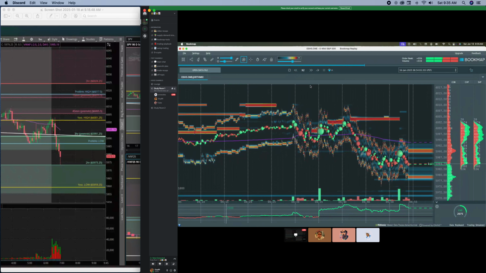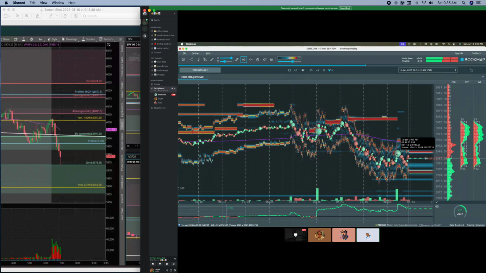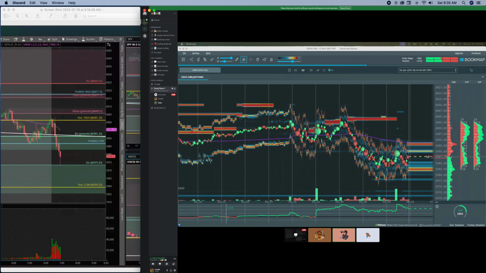Let me slow it down. So now in my head, I'm like, I need to try this short when it pops up, if it fails and there's weak buying coming into it. And this outlier or the first one? This outlier. This is in my demand zone now. Oh, okay.